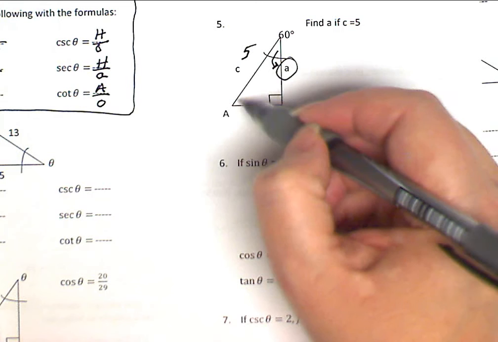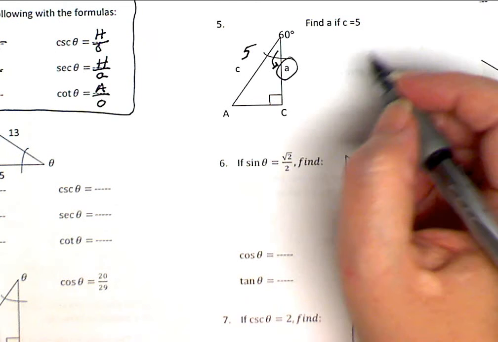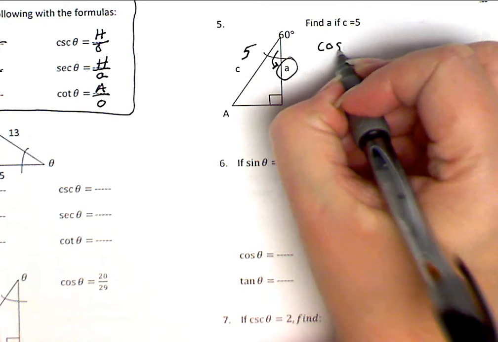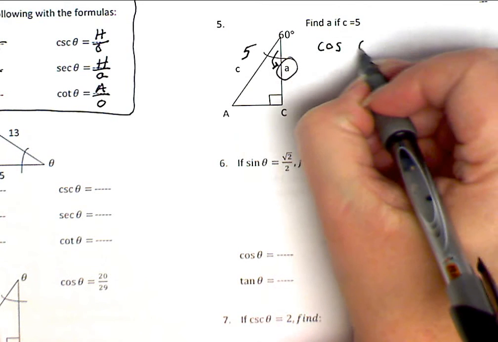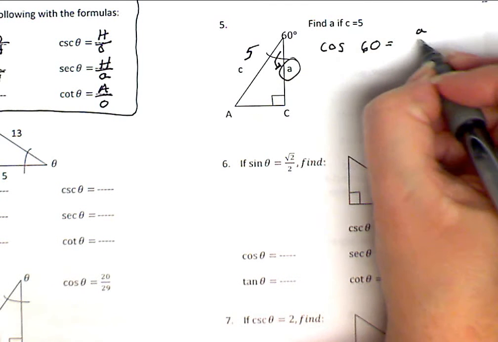What uses adjacent and hypotenuse? Cosine. So I'm going to write cosine of 60 is equal to adjacent, which is A, over hypotenuse of 5.